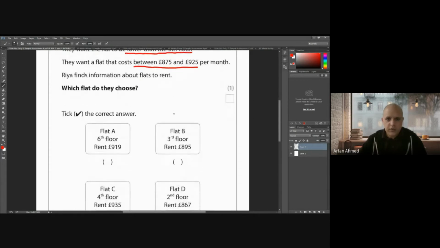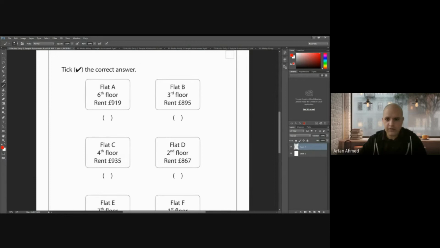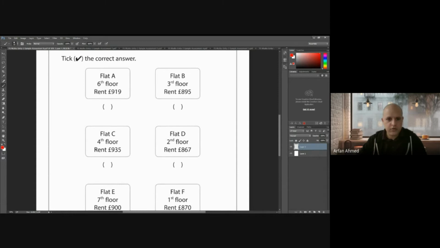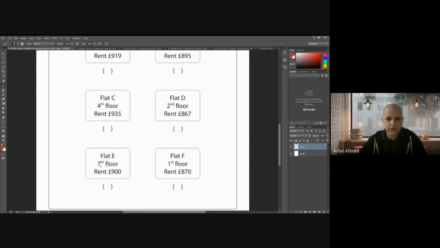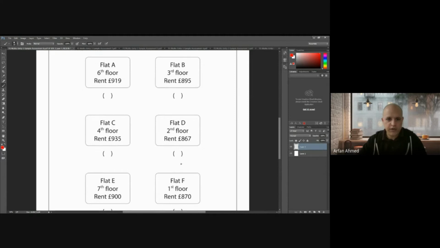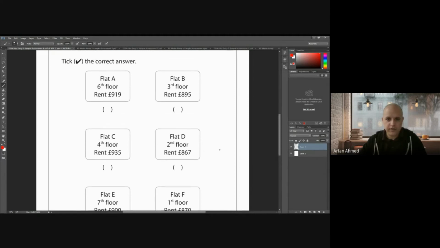So which ones are lower than the 5th floor? Definitely we can rule out flat A, because that's on the 6th floor. Could be flat B, flat C, flat D, flat F. So we can rule out flat A and E completely.